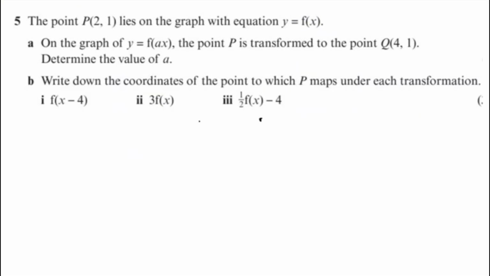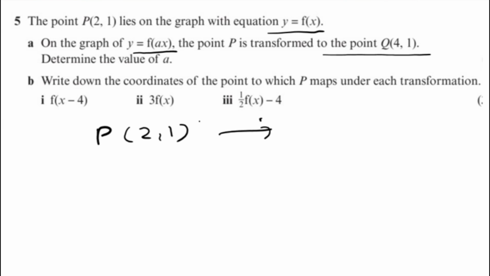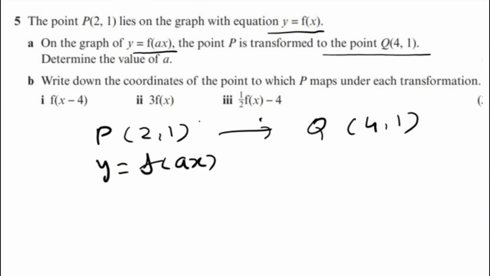Point P (2, 1) lies on the graph with equation y is equal to f of x. On the graph of y is equal to f of ax, the point P is transformed to point Q (4, 1). So we have one coordinate P (2, 1) which is transformed to Q (4, 1), and our function is y is equal to f of ax.